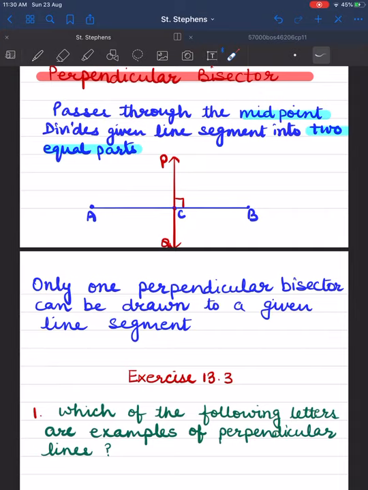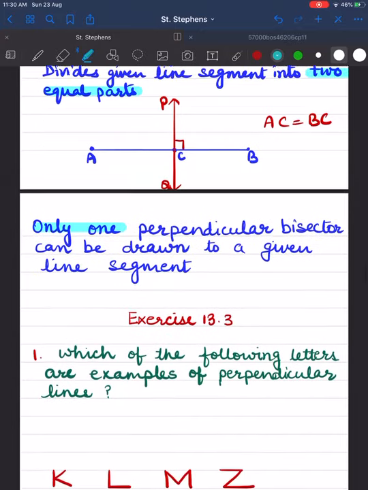So here in the figure we observe that perpendicular PQ passes through midpoint of AB, which is C. So it is a perpendicular bisector of the line segment AB, and we also observe that AC is equal to BC. So it divides the given line segment into two equal parts. And children, remember, only one perpendicular bisector can be drawn to a given line segment.